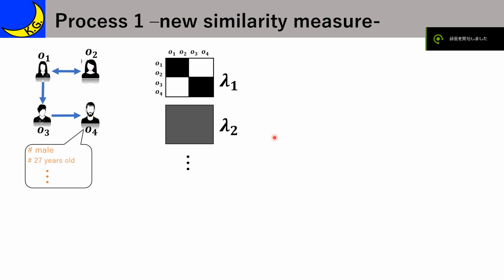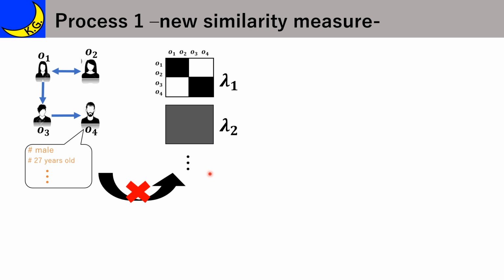Before explaining the new similarity measure, I'd like to explain the reason why the refinement of SClump cannot be directly applied to ANs. The refinement is to learn weight lambda for these multiple similarity matrices that are summarized in a similarity matrix S. SClump uses metapaths to generate these multiple similarity matrices.